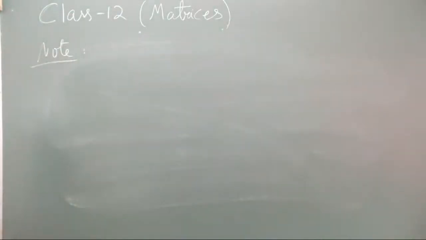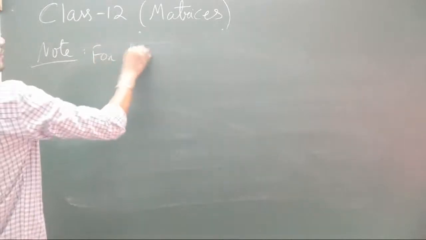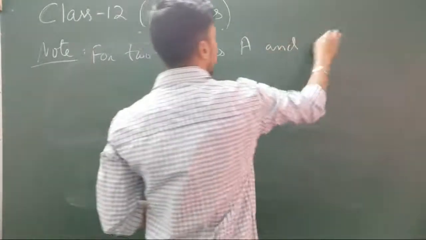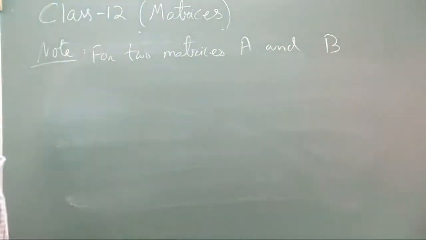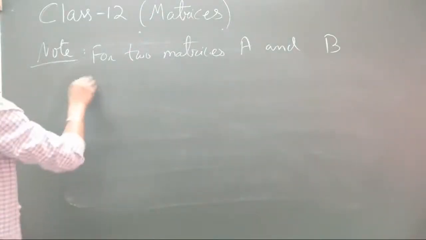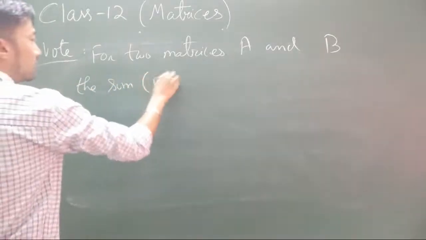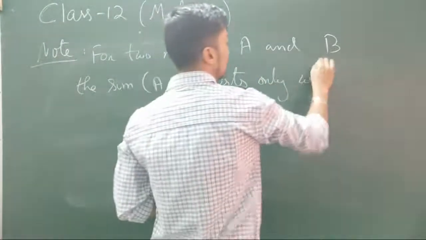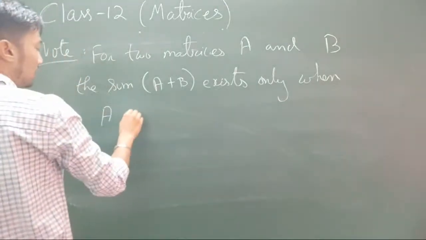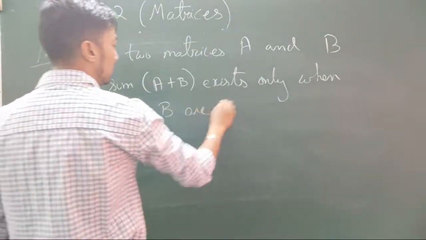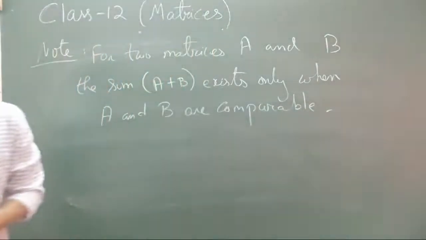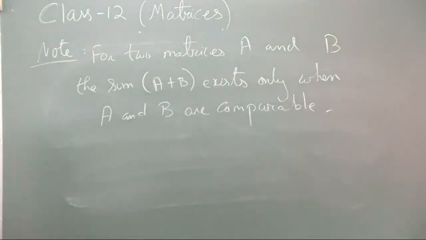For two matrices A and B, this is important: the sum A plus B exists only when A and B are comparable.